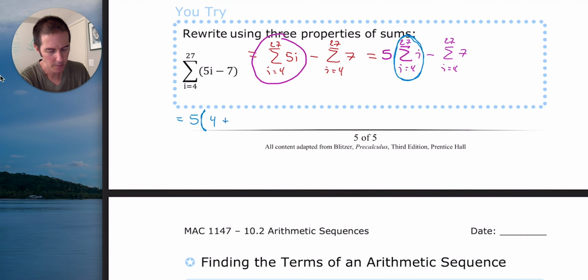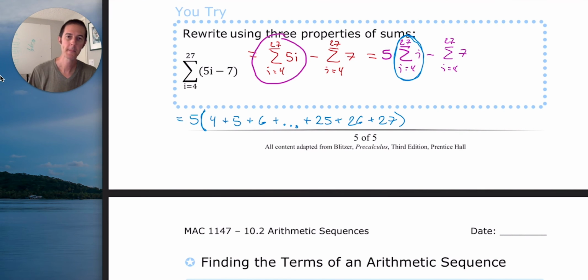The next term would be a 5. The next one would be a 6. And then we'd add dot, dot, dot, all the way up to 25 plus 26 plus, and then it ends at 27. I think that's pretty fair. Take a second, make sure that that matches up with your understanding of that sigma notation.